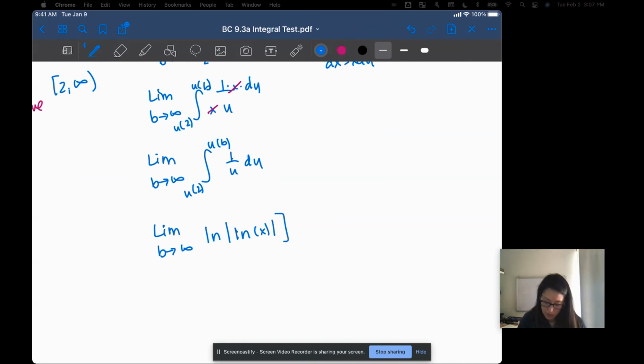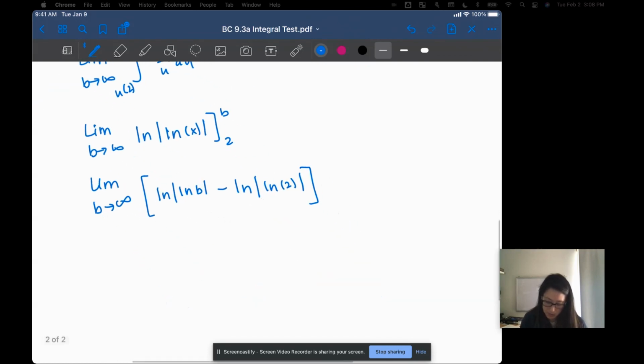And we're evaluating from 2 to b. We switch back into the x bounds. So we have the limit as b approaches infinity of ln of the absolute value of the ln of b minus ln of the absolute value of the ln of 2.